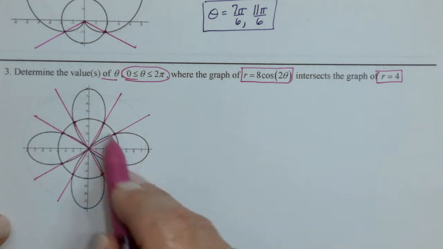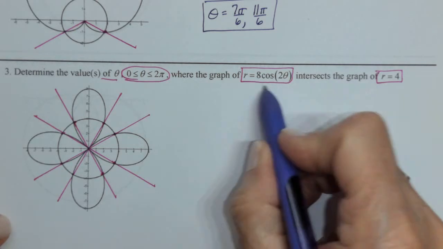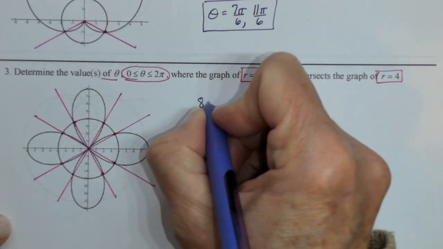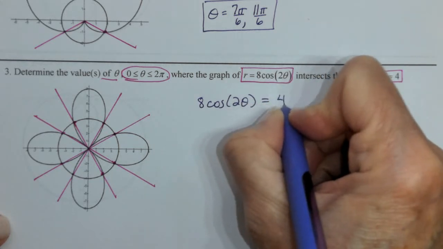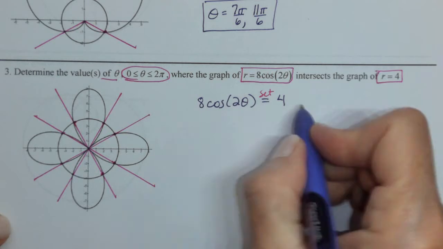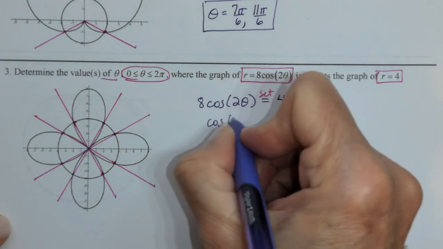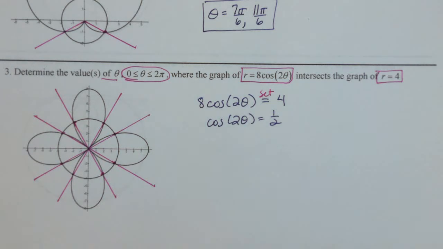And there's definitely some symmetry going on here. Okay, I'm going to set these two equal. So we'll have 8 cosine of 2 theta is equal to 4. Setting that equal. Okay, divide both sides by 8. And we get cosine of 2 theta is 1/2.